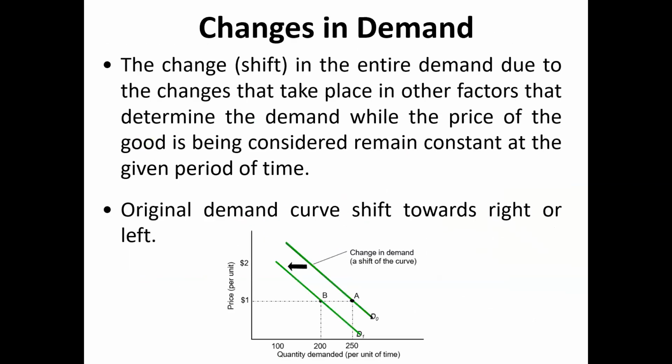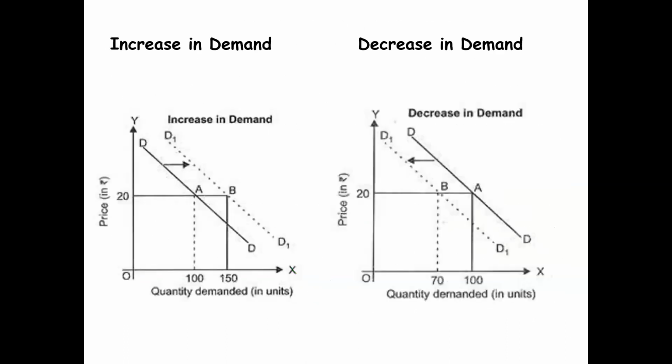The whole demand curve may shift to the right-hand side or left-hand side, right? So I just want to give some examples. Then you have to think what will happen to the demand curve.